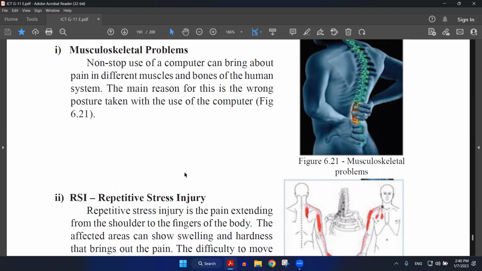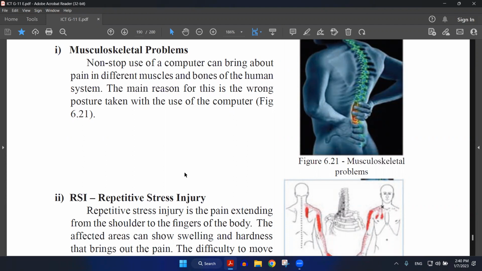If you sit in an incorrect way, with the wrong posture, it gives you an alert from your back. You will get continuous back pains when you use an incorrect posture during computing or any ICT usage, right?